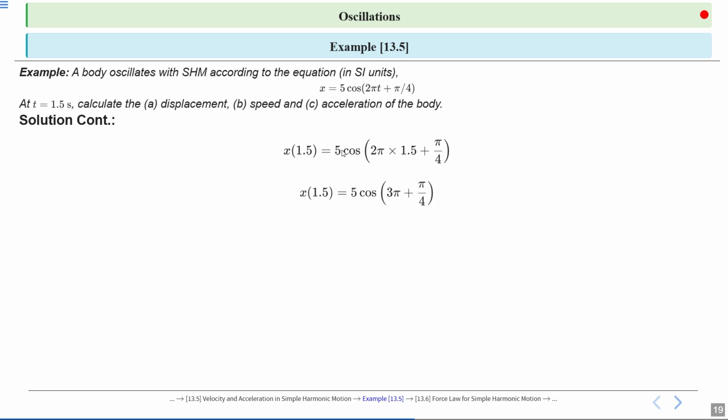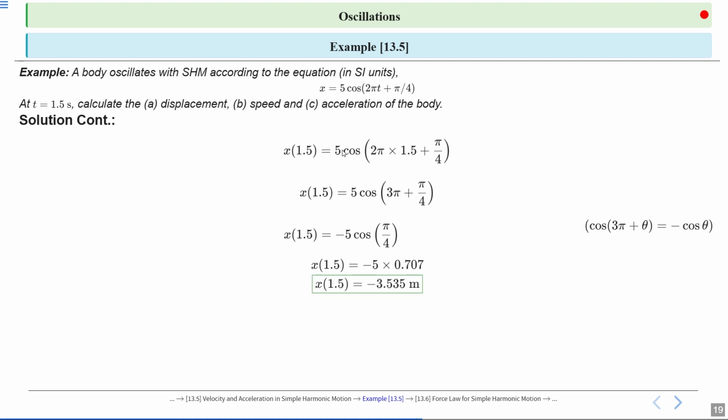So x of 1.5 is equal to 5 cos of 3 pi plus pi by 4. So it will be x of 1.5 is equal to minus 5 cos pi by 4, as we know, cos of 3 pi plus theta is equal to minus cos theta. So it will be x of 1.5 is equal to minus 5 into 0.707.